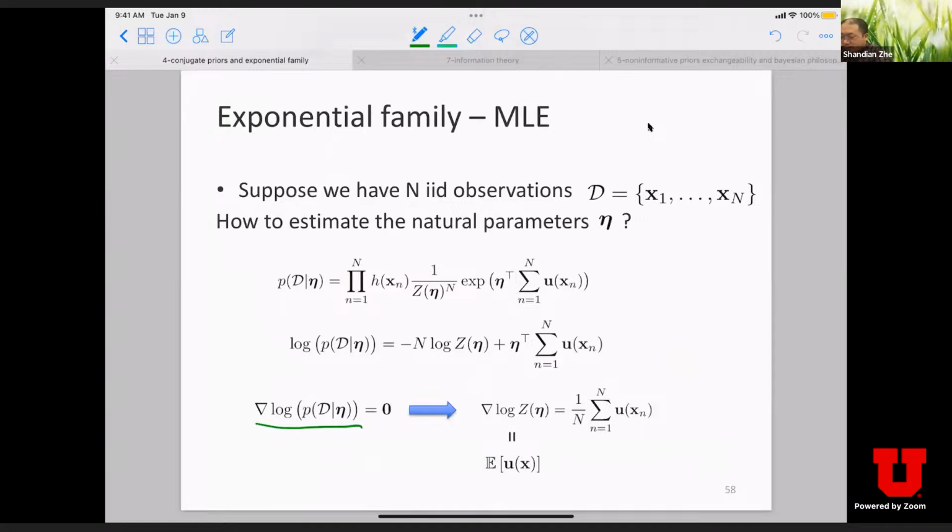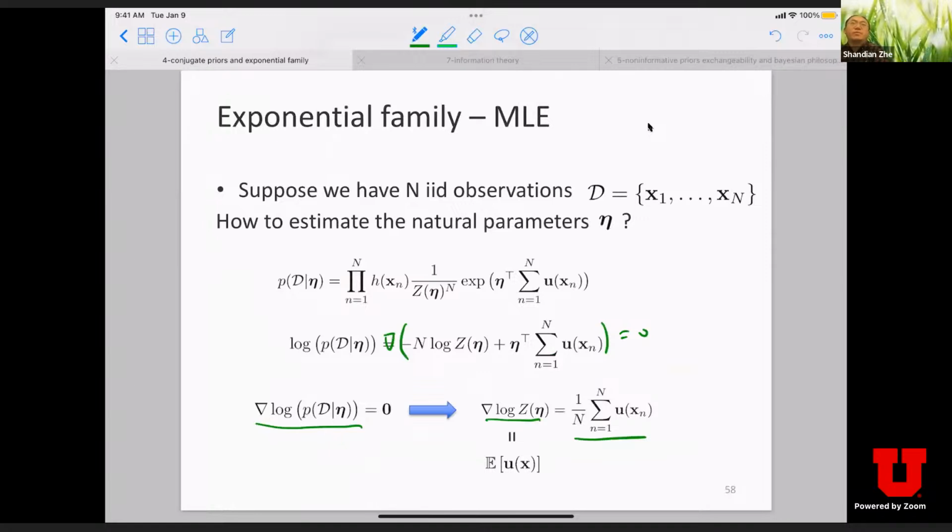If we do this, we can see that the gradient of log Z of eta is equal to the average of the sufficient statistics over the big N examples.